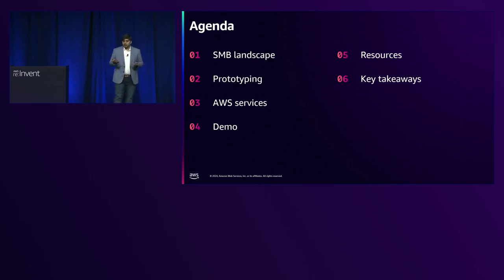We'll see the phases within prototyping, the key stages involved, the focus areas within one of those stages, and how you leverage AWS services to help with prototyping. We'll bring it all together by picking a use case and building a solution from scratch, seeing things in action so you can know how prototyping can be done rapidly on AWS.